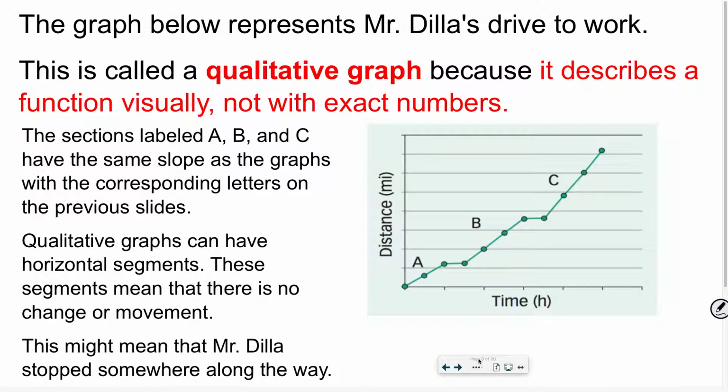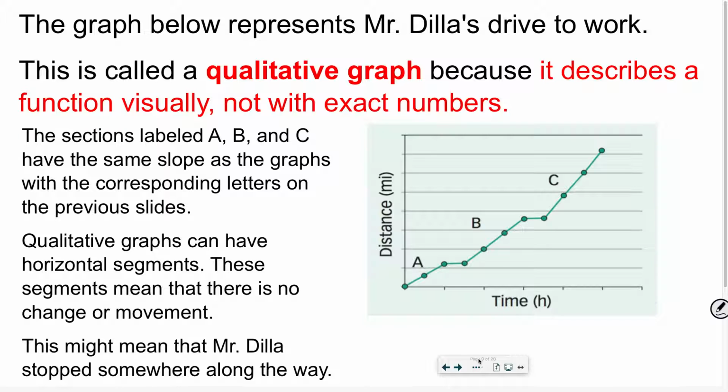So when you look at this graph, can you see exactly how many miles per hour it's going? No. Does it say any numbers that can tell us exactly how many miles per hour it's going at any point? So it's not specific. It shows the movement or the speed roughly, but it's not exact numbers. It's more visual.